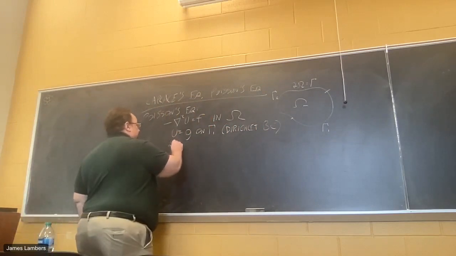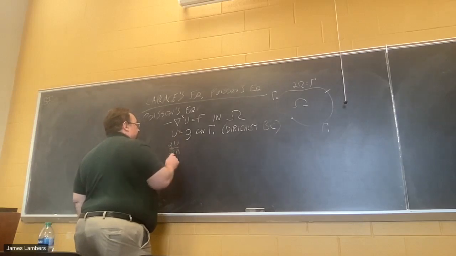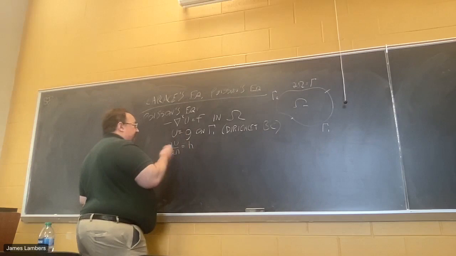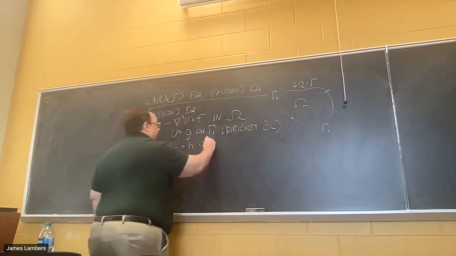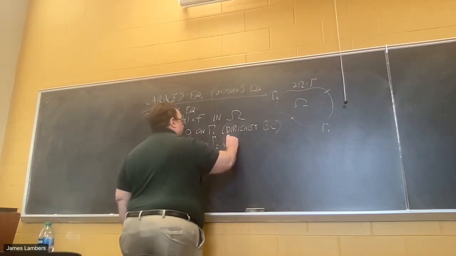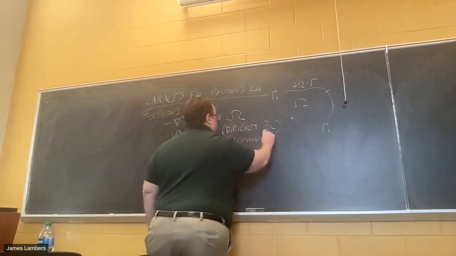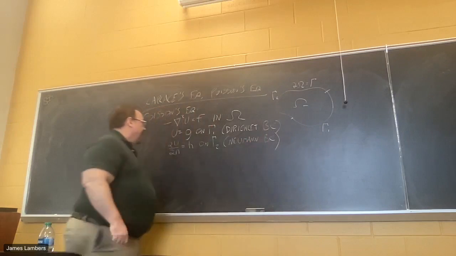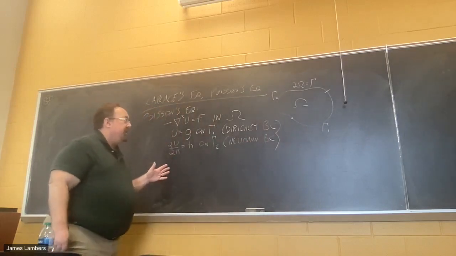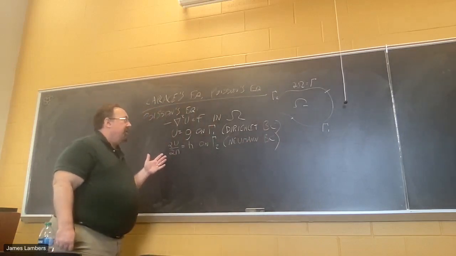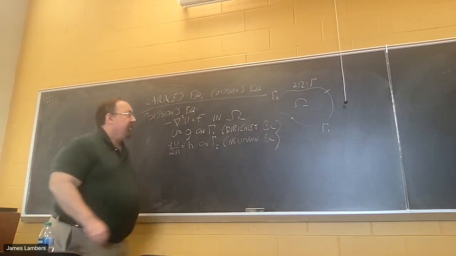And then if you specify instead the normal derivative, it's required to be equal to some given function on gamma 2, that is a Neumann boundary condition. And n is the unit normal vector to the boundary.